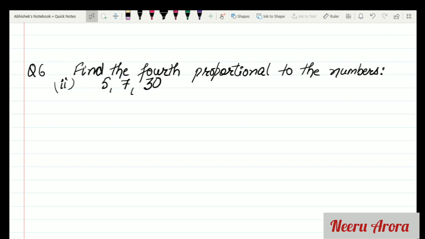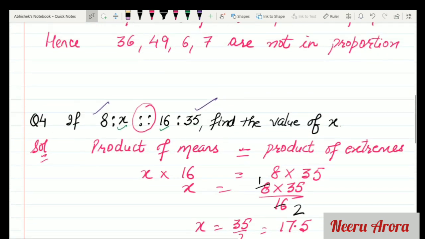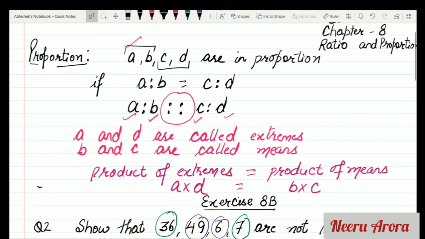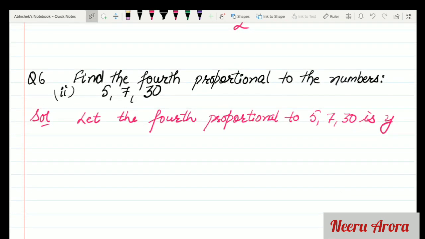So let the fourth proportional to 5, 7, 30 be y. When we write A ratio B, C ratio D in proportion, we can see that D is the fourth proportional to A, B and C. So again we suppose that the fourth proportional to 5, 7, 30 is y.